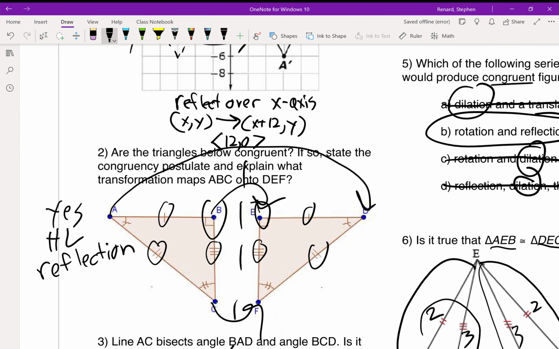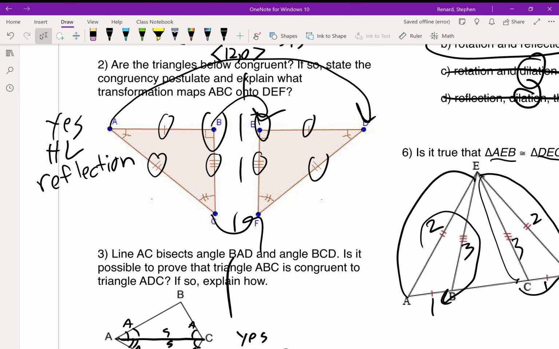Number 2, yes, they're congruent. They actually give us everything, so you can use whatever congruency theorem you want. And then they ask for, remember, explain what transformation maps ABC onto DEF.